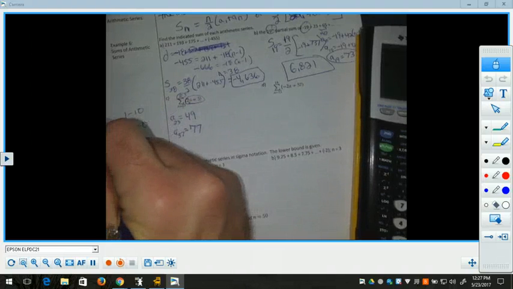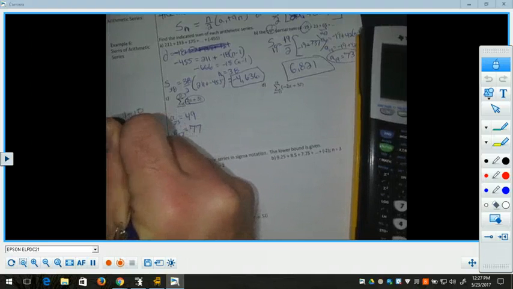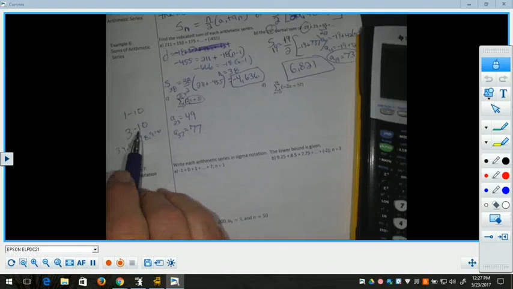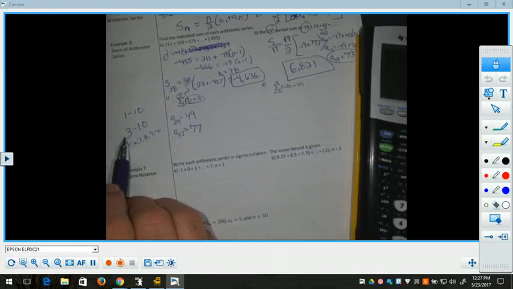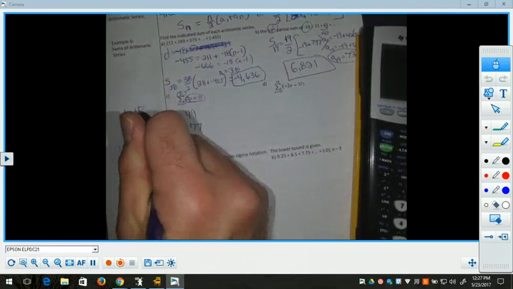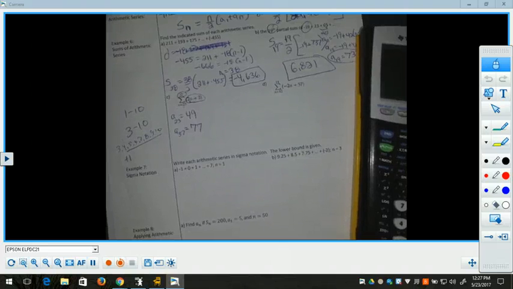But that's 3, 4, 5, 6, 7, 8, 9, and 10. 1, 2, 3, 4, 5, 6, 7, 8 problems. See, the problem is that you're taking the 10 and subtracting 3, but you're not including that 3 as a value when you do that. So by doing that, there's 7 terms, but we're actually including this. So when you do subtraction, you need to add 1 to get the actual quantity of numbers back.